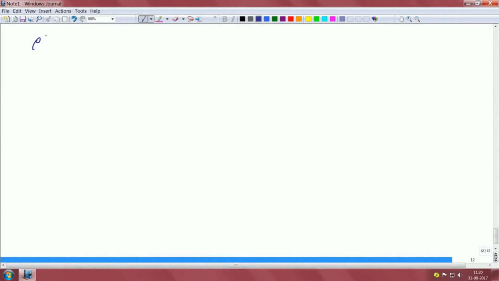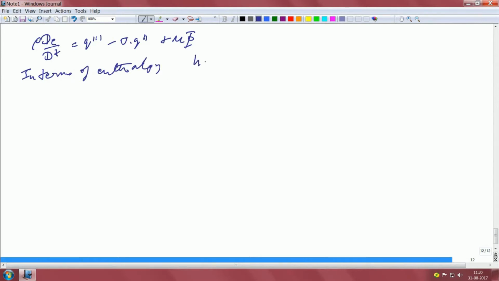Let us look at the next one. Now, we have this combined expression, into phi. So, now in terms of enthalpy, which is a quantity that we are very familiar with, enthalpy is basically E plus P by rho.